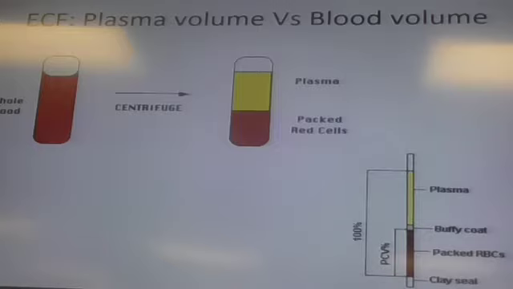So there's different terms here. When you say hypovolemic, you have decreased circulating blood volume. When we say hypovolemic shock, what do we refer to? Essentially, we're losing plasma volume.